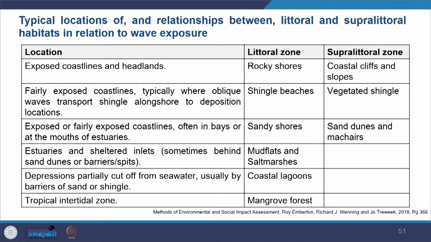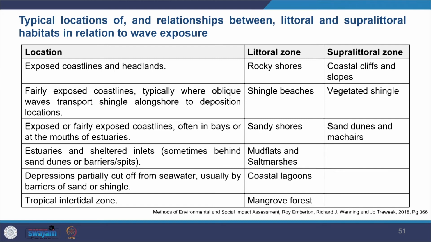So you might be required to look at different locations and then see whether the area is coming in the supralittoral zone or littoral zone. So you would be looking at the exposed coastline and headlands, and then you would find rocky shores, or in the supralittoral zone you would have coastal cliff and slope.